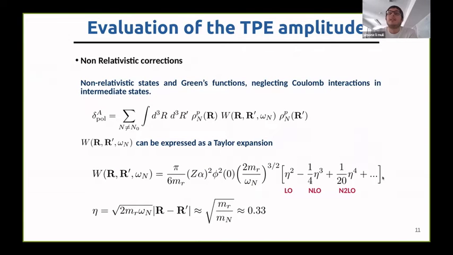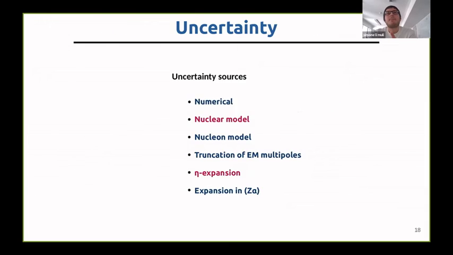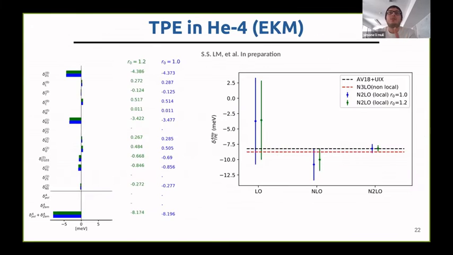So we evaluate this expansion up to the next leading order. These other terms which are highlighted with the dots are not evaluated explicitly. So we basically truncate this expansion, and that one is the uncertainty coming from this truncation. The nuclear structure uncertainty is not related to this one.